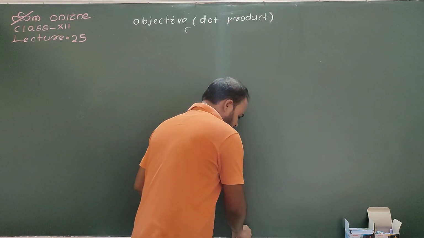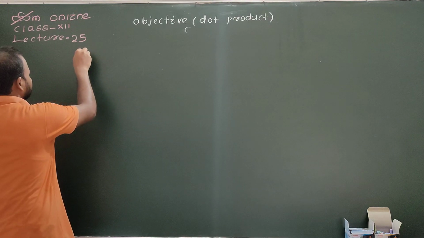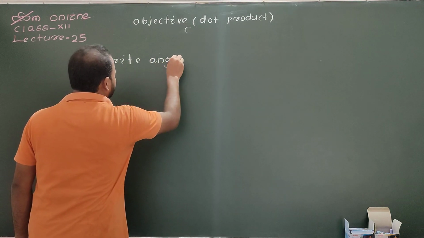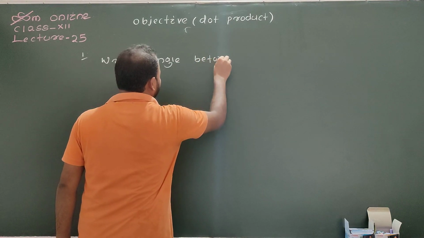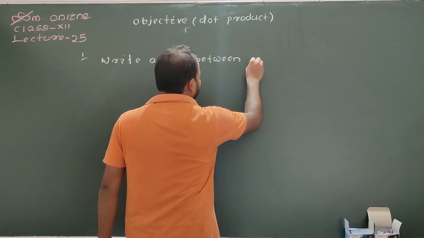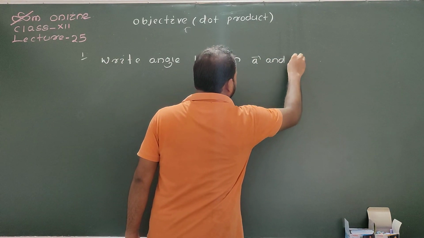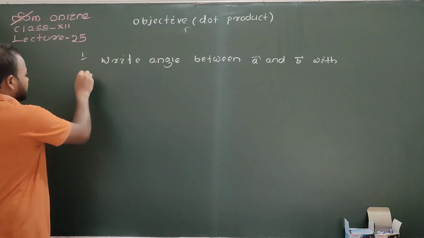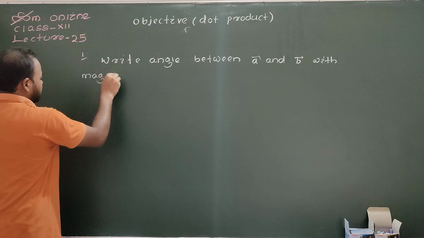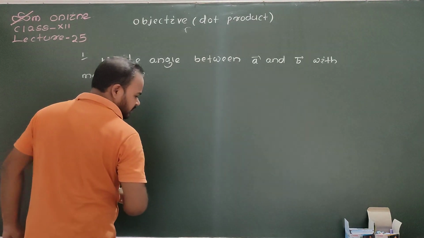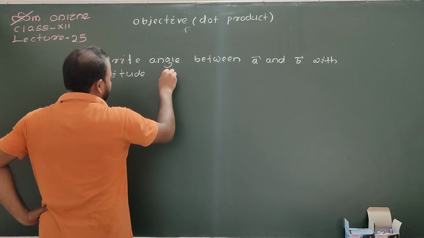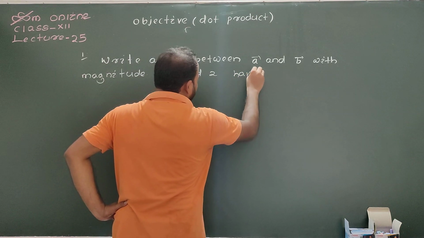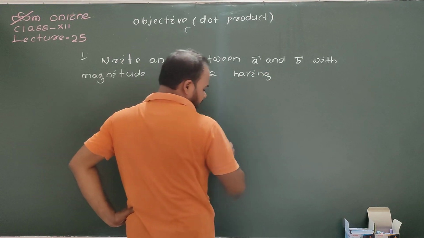So first question: find the angle between vector A and vector B with magnitudes root 3 and 2, having vector A dot vector B equal to root 6.